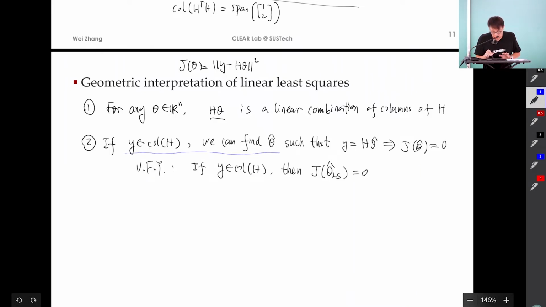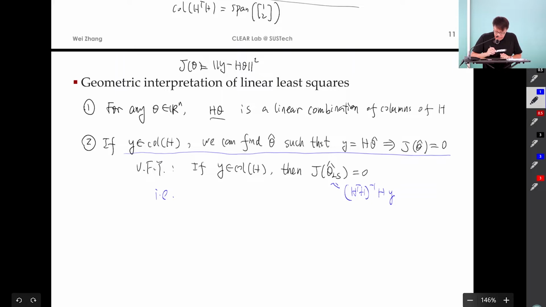Based on our general discussion, we think the cost should be 0. But our solution is given by a formula, and you need to plug in that formula to see whether that agrees with your intuition. Otherwise, you didn't solve the problem correctly. So this one is H transpose H inverse, let's say, times y.